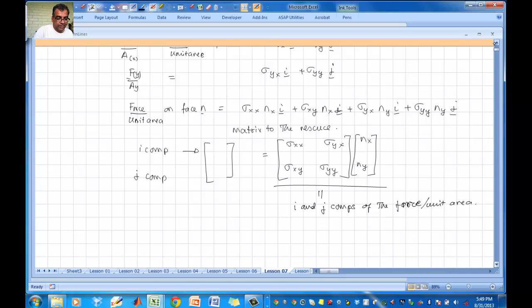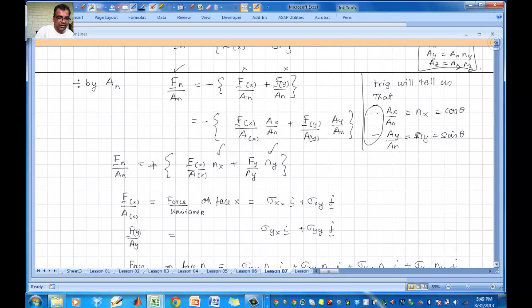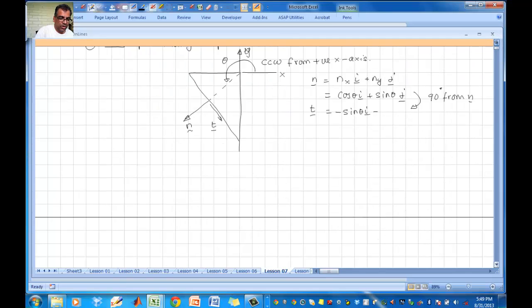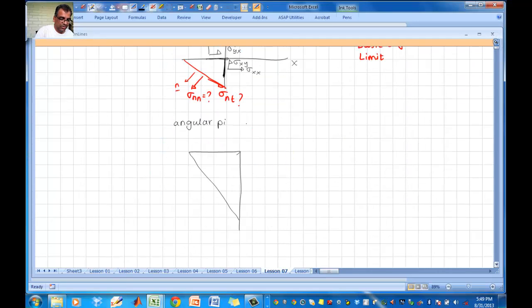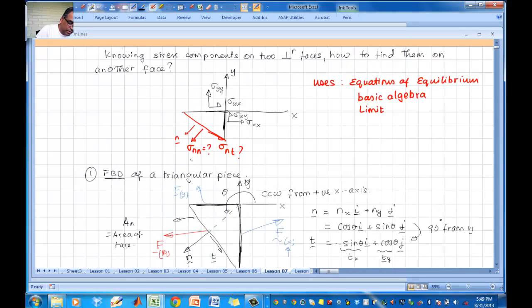Technically we are done, but you go back here and you say, was that what we wanted? What we wanted were sigma nn and sigma nt. What we got were sigma nx and sigma ny.